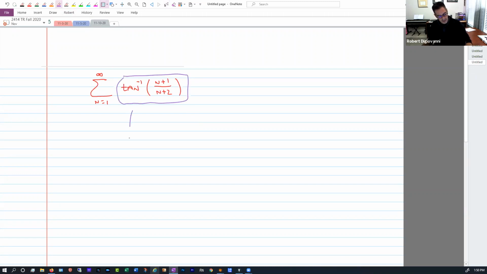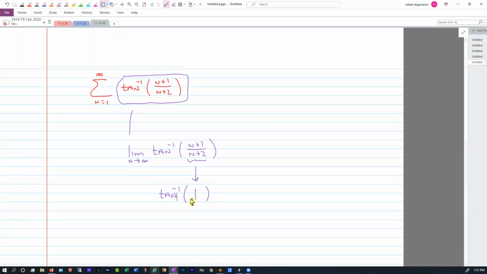If we take its limit as n goes to infinity of arctangent of n plus 1 over n plus 2, we already know that the inside of that goes to 1. And then arctangent of 1, what angle on the unit circle has tangent 1? Pi over 4. So this is pi over 4.